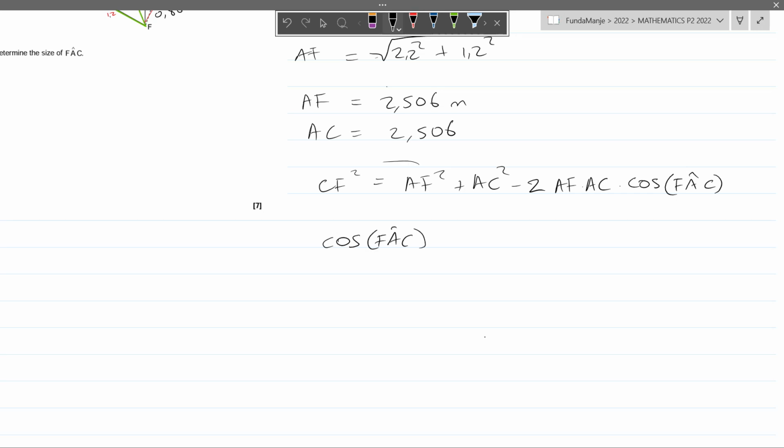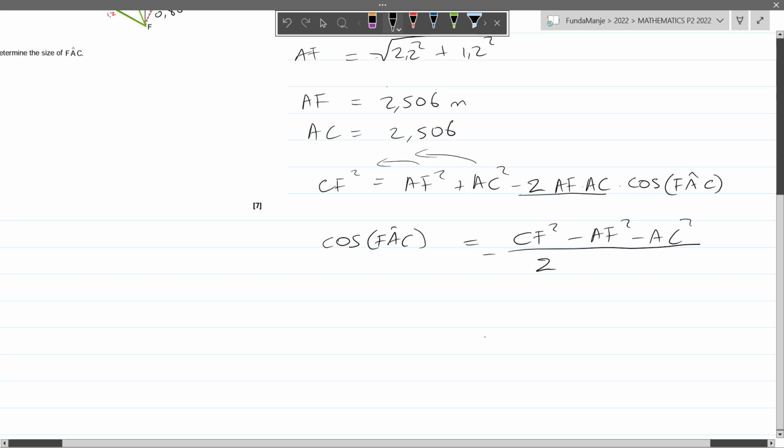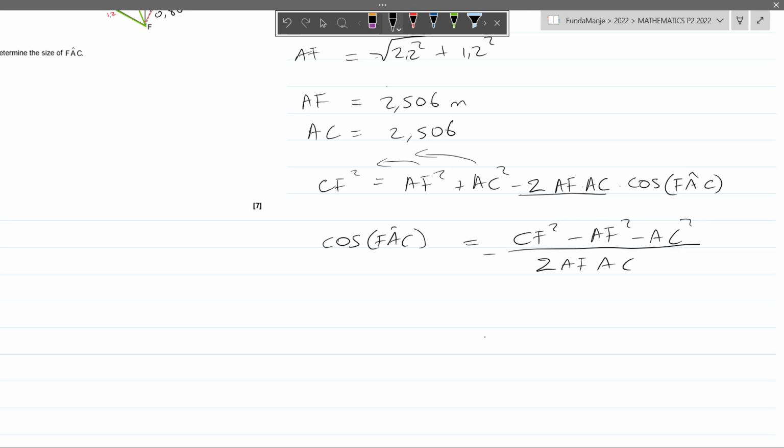We'll take this 2 to the other side, and then we'll divide by that. So this will give us CF squared minus AF squared minus AC squared, all divided by negative 2 AF AC. And then we can make our substitution.